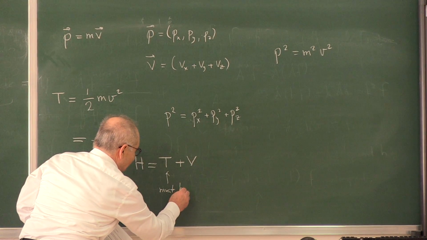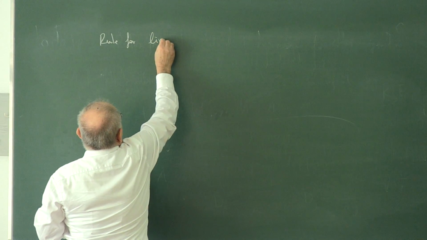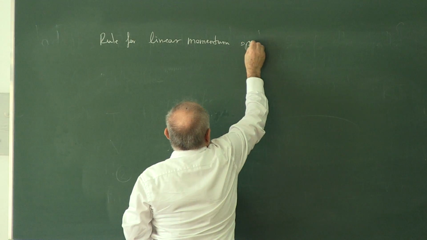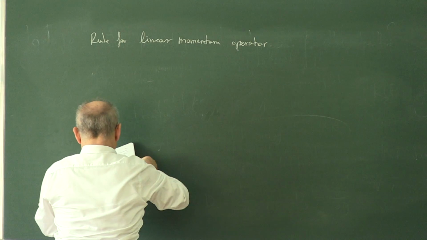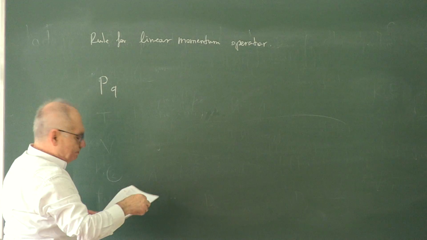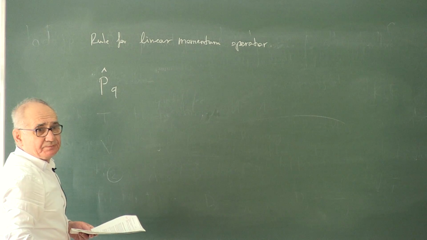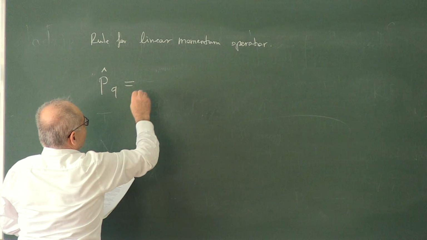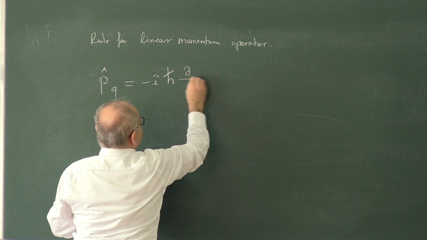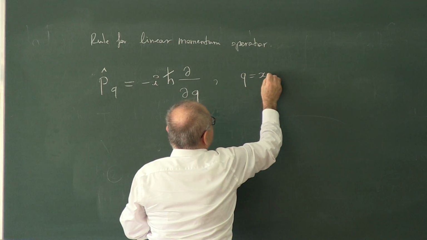I am remarking here, the qth component of the linear momentum in the classical expression becomes an operator, and this operator is minus i times h bar times the first derivative with respect to the qth variable. Here, q may be either x or y or z.